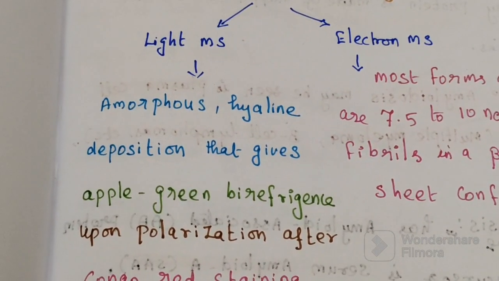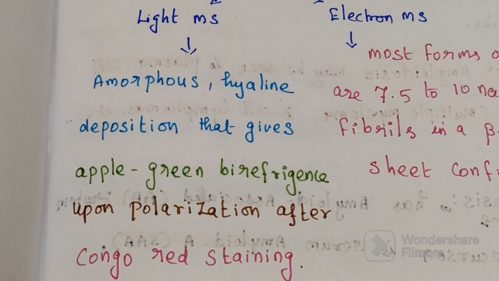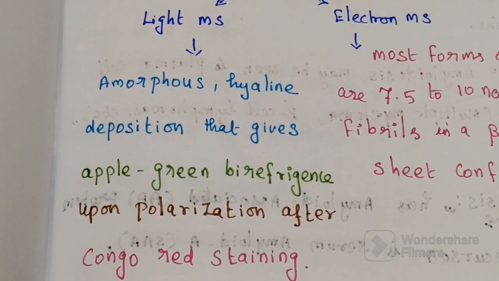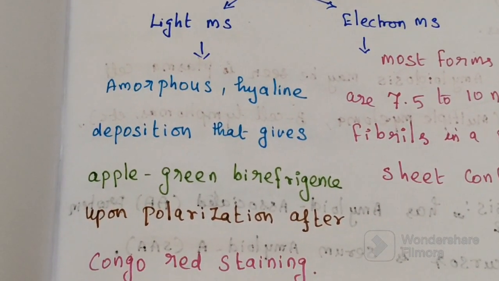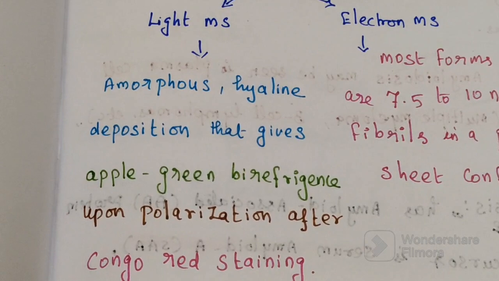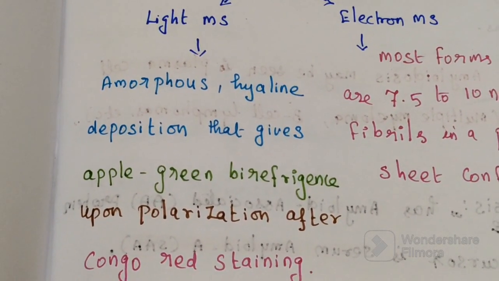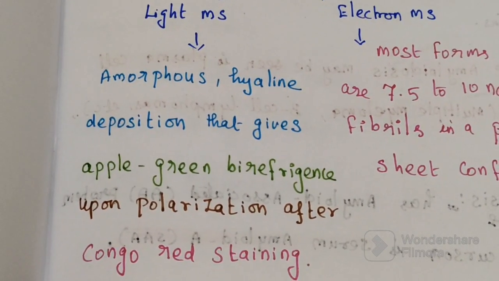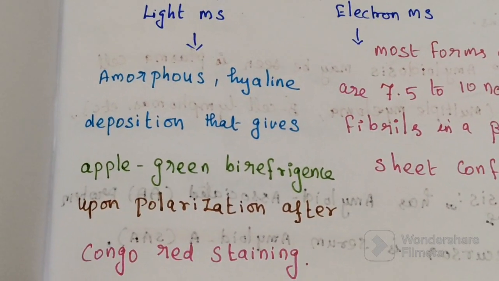What is Congo red? It is a type of stain used to stain amyloid, which appears orange-red and helps differentiate it from certain other accumulations of fibers.